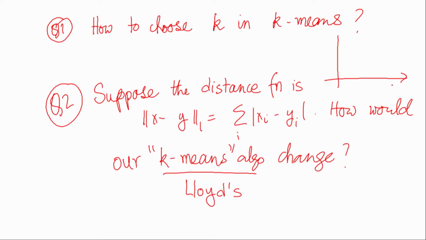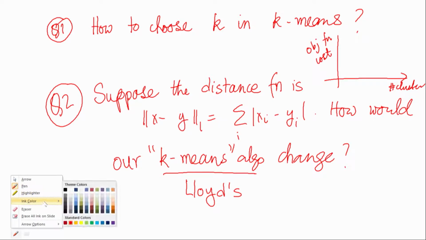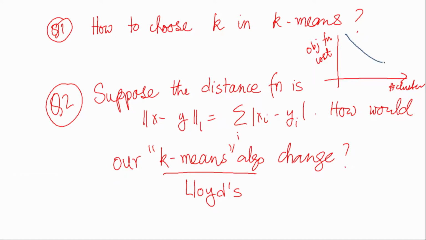So you plot a graph. So what is the graph? We talked about plotting a graph with the number of clusters on this side and the objective function cost on this side, right? And hopefully the graph goes something like this. It is decreasing, of course, and we saw the proof of that.